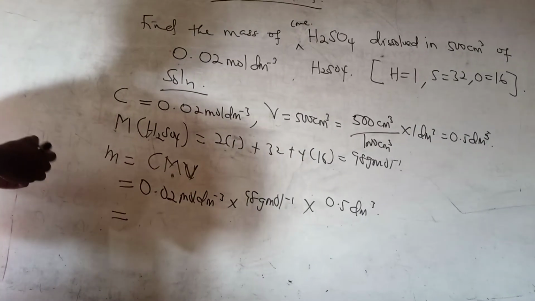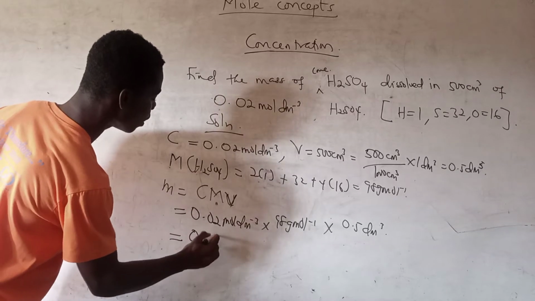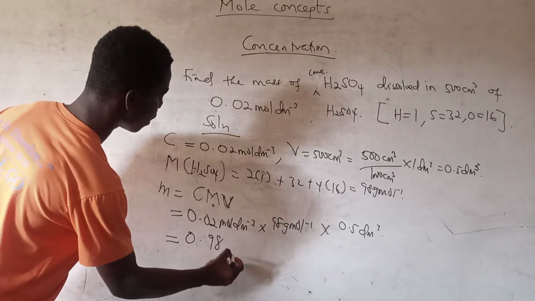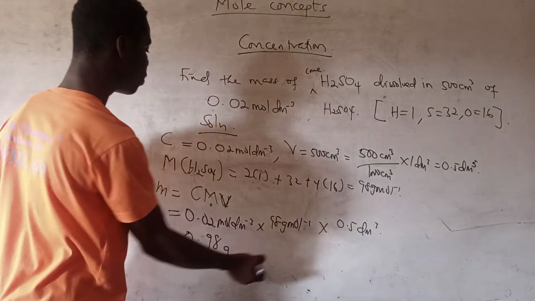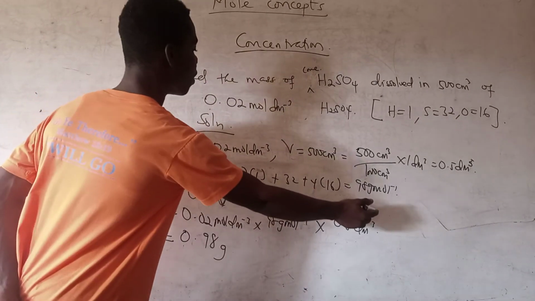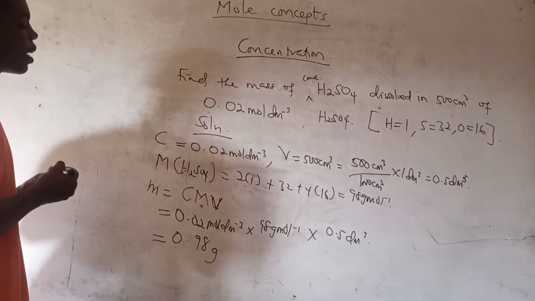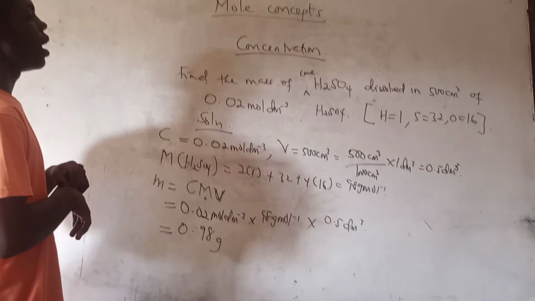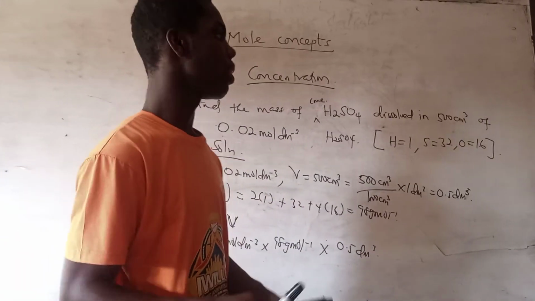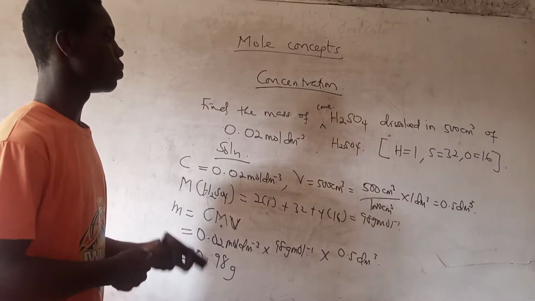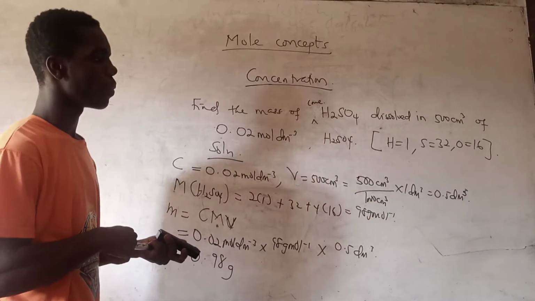So punch on the calculator, you are supposed to get 0.98 grams, because mole cancels per mole, dm3 cancels per dm3, left with grams. So we found the mass of H2SO4 that was dissolved in 500 cm3 of 0.02 mole per dm3 H2SO4.